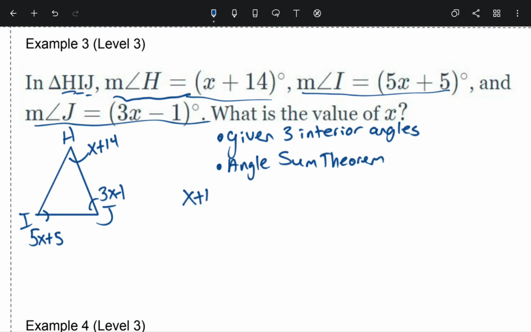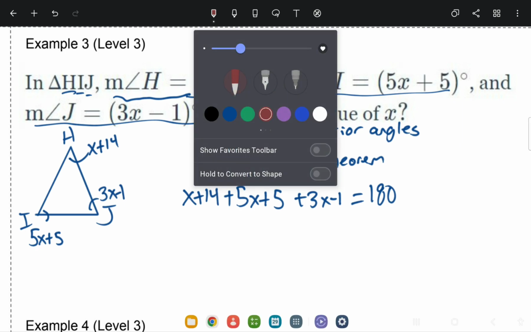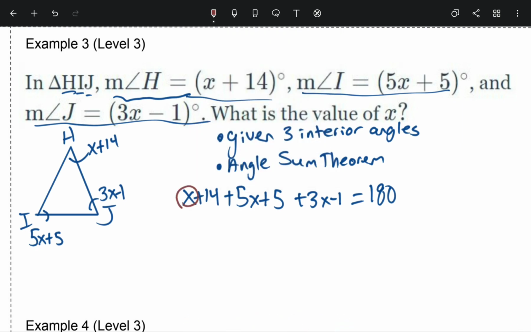So x plus 14 plus 5x plus 5 plus 3x minus 1 and set it equal to 180 and then solve for x. So first I'm going to combine like terms, so everything with an x is going to be added together. So x plus 5x plus 3x gives us 9x.